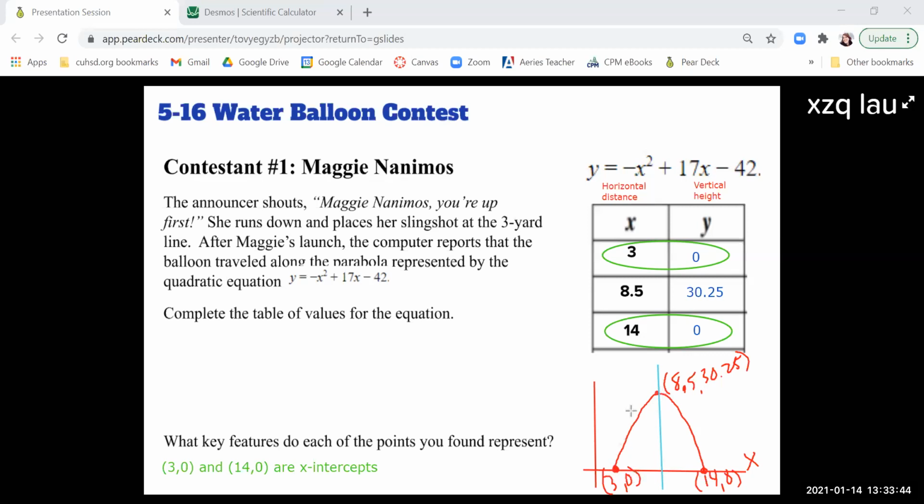And remember, parabolas are always symmetrical, which means this is the line of symmetry. This point right here is the vertex. So this point I'm circling in blue happens to be the vertex. So we're going to make a note of that: 8.5 comma 30.25 is the vertex.